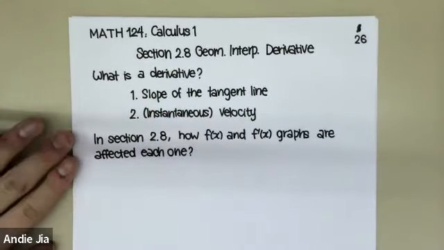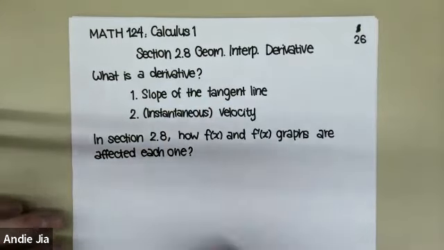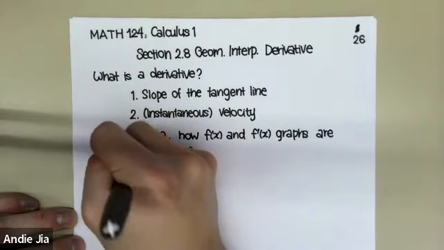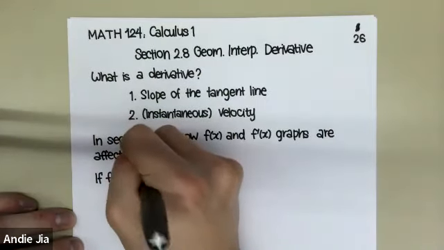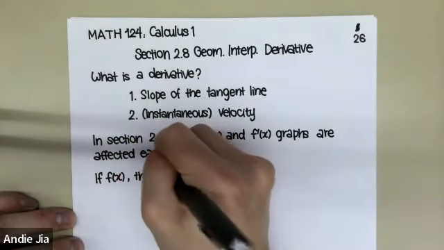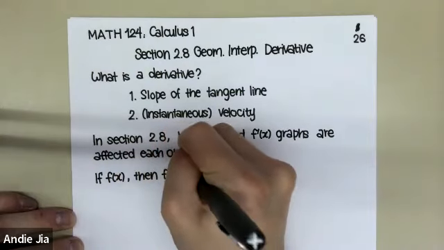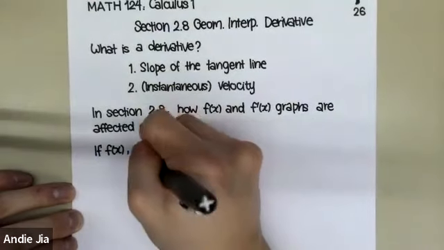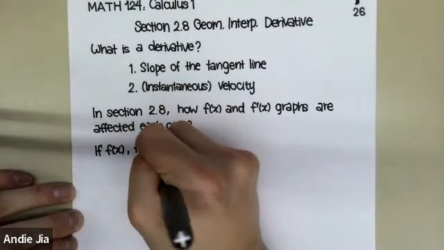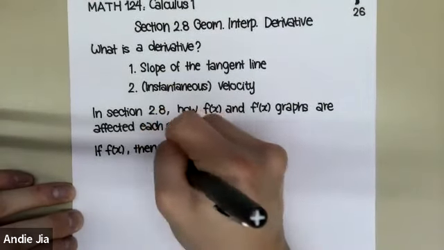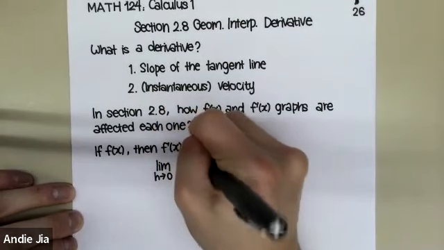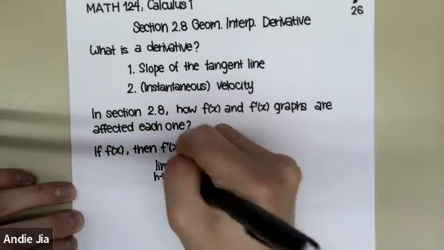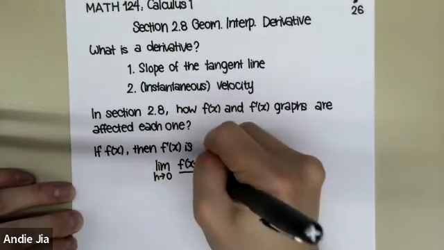And we know from 2.7 that if we have f of x, then f prime of x is the limit as h approaches 0 of f of x plus h minus f of x over h.